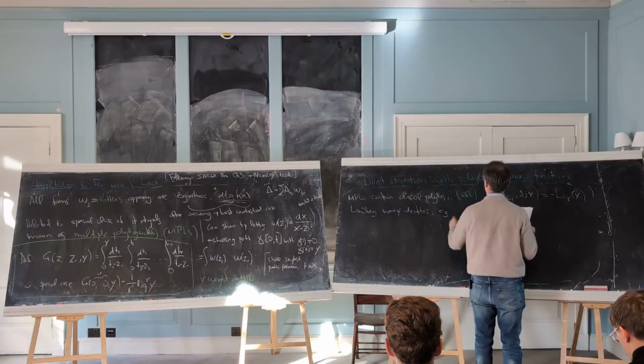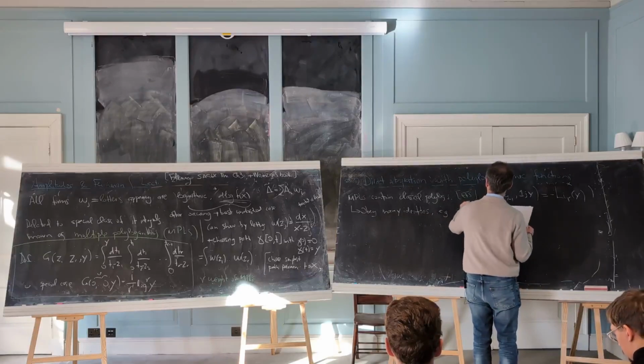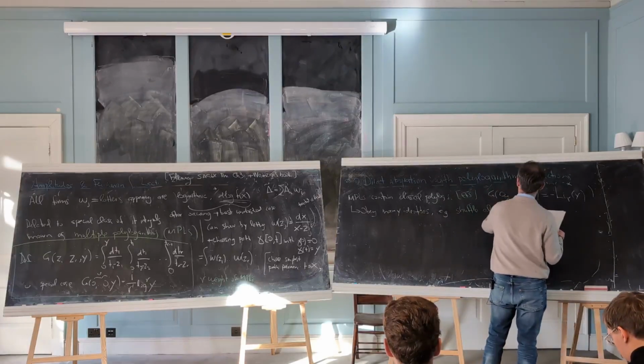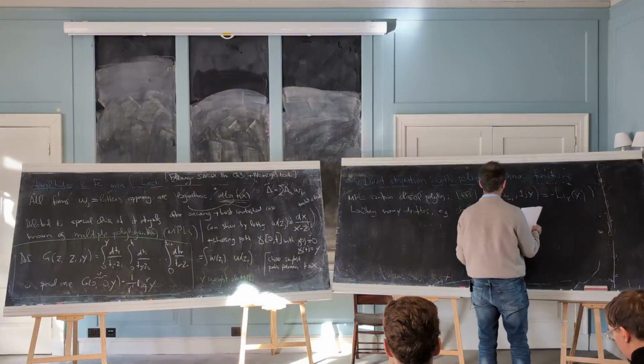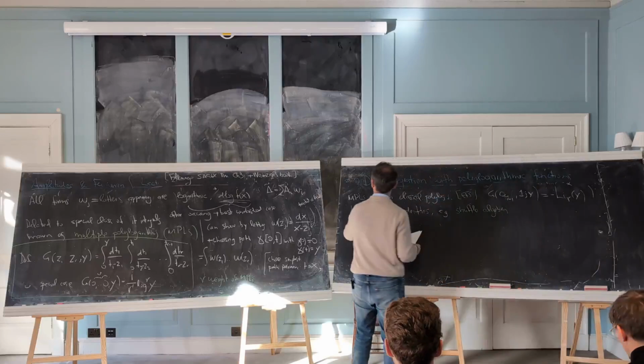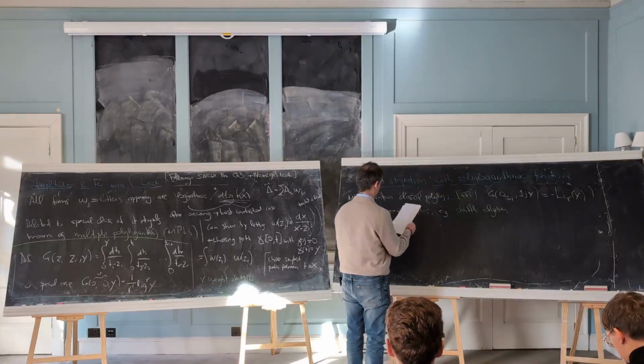This is the so-called shuffle algebra, which tells you that a product of two MPLs can be written as a linear combination thereof.